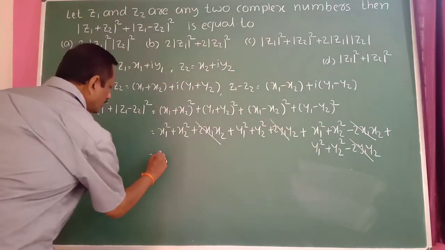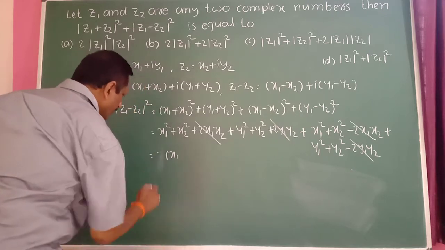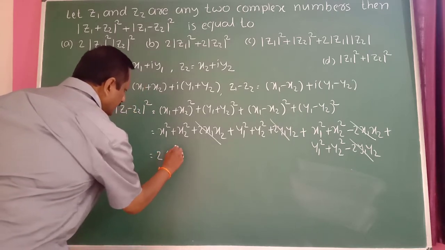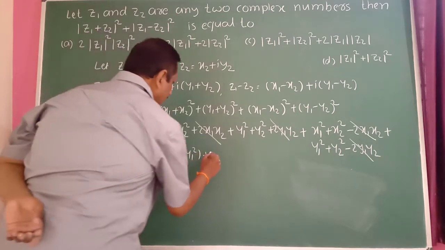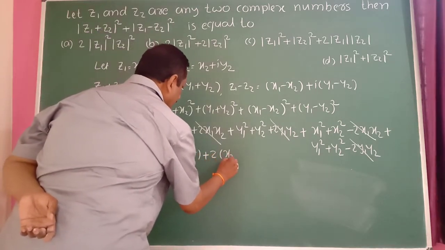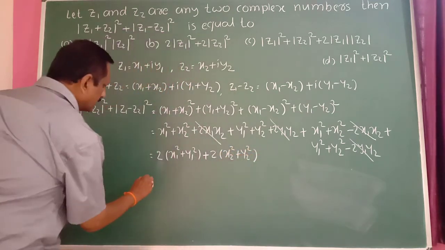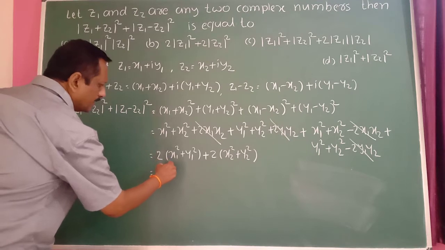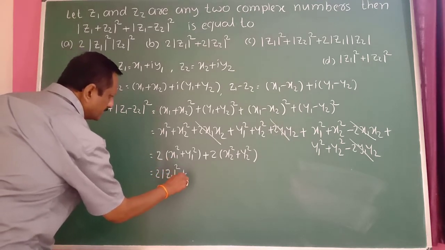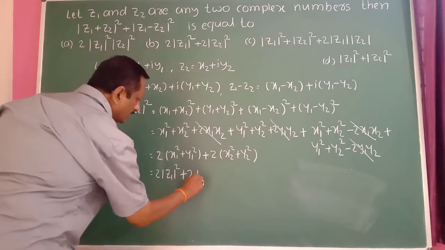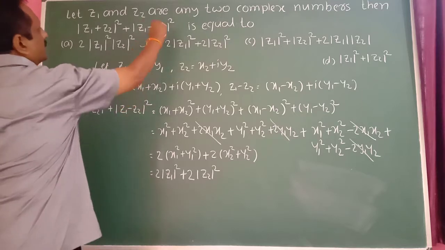Hence 2 into (x1 square plus y1 square) plus 2 into (x2 square plus y2 square). Hence x1 square plus y1 square is modulus of z1 square, plus 2 into modulus of z2 square. Yes, B is the correct option here.